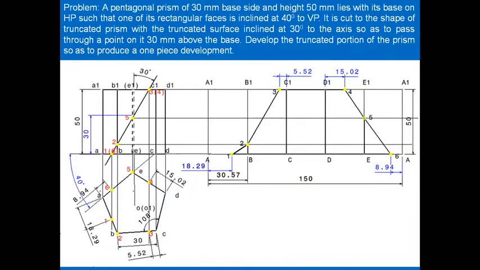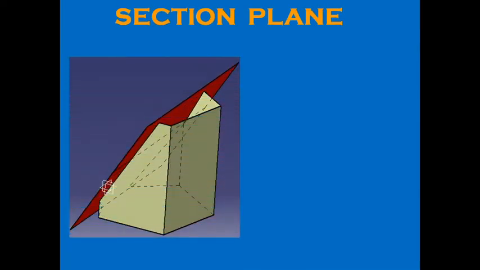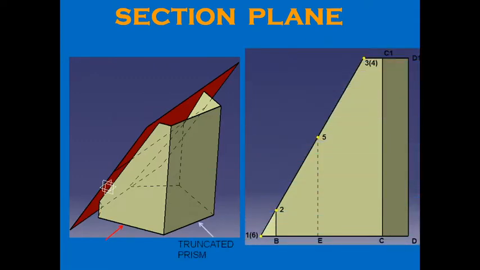The first thing that you need to understand is what this pentagonal prism is and how the section plane is cutting it. That can be seen in the next slide. So this is the pentagonal prism and this is how the section plane is cutting it.